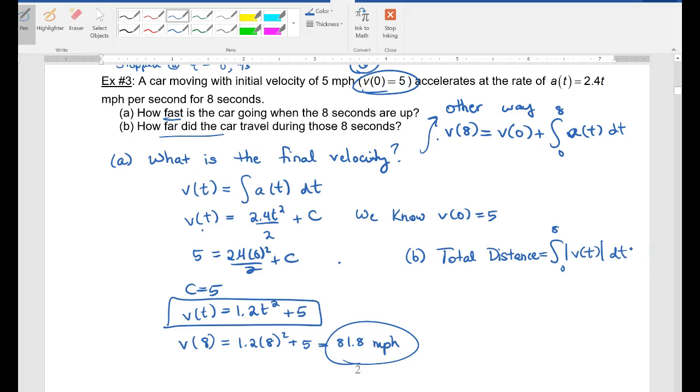And as Bess was saying, this isn't negative anywhere, so you can actually drop the absolute value if you want and just integrate. What do we get for that? Again, you could use your calculator to save some time, or you could just do it by hand. It's not that hard.